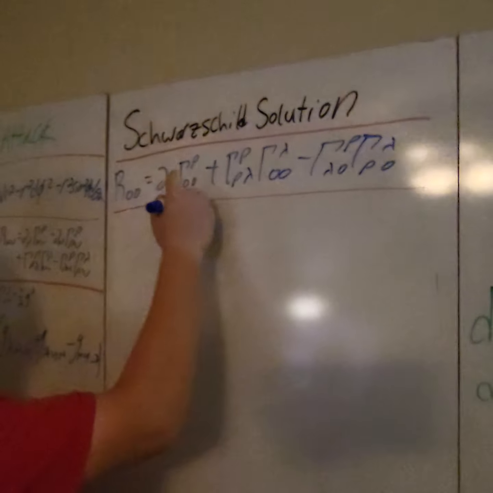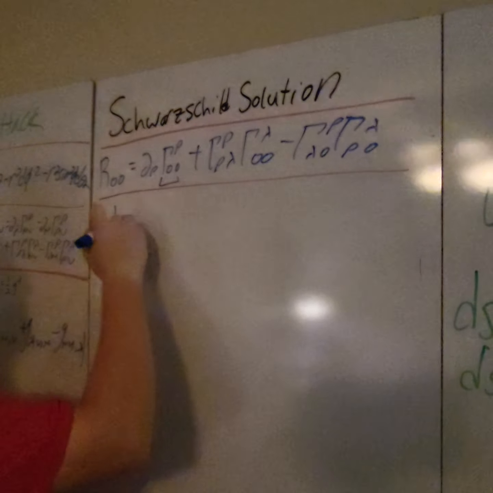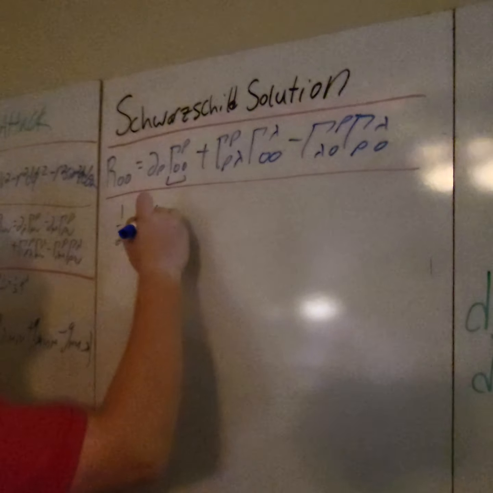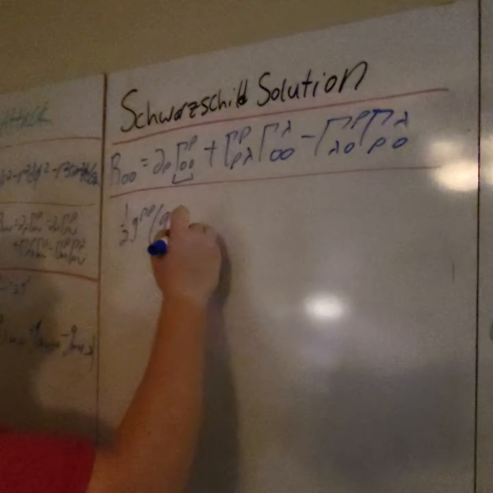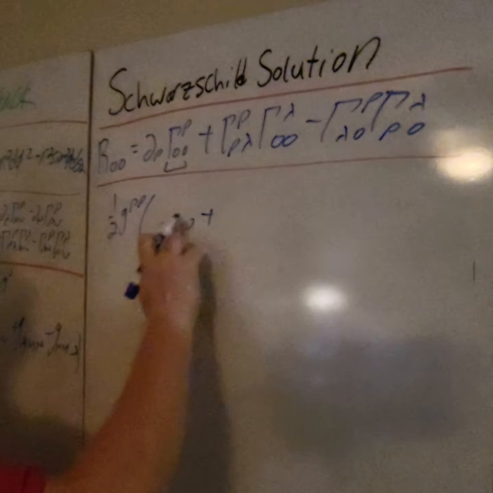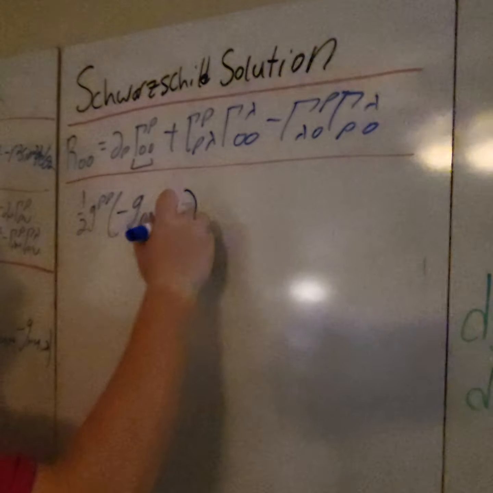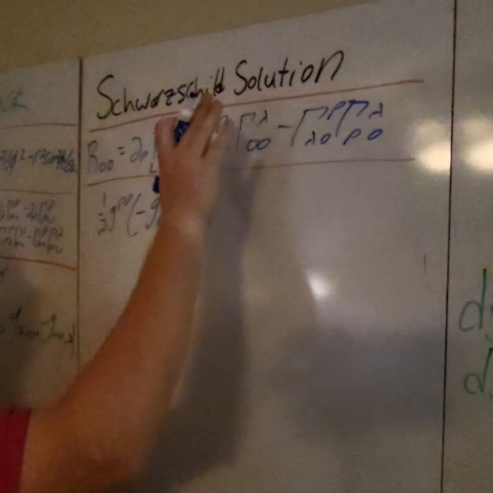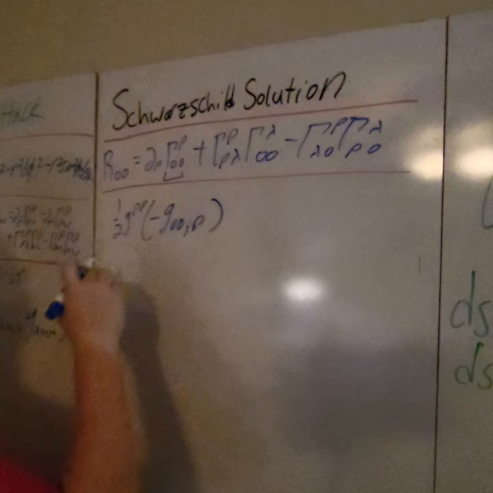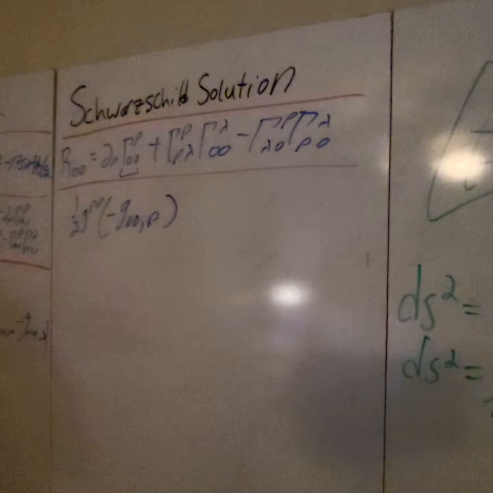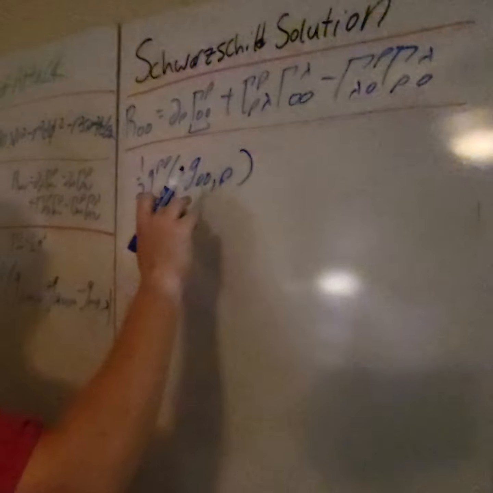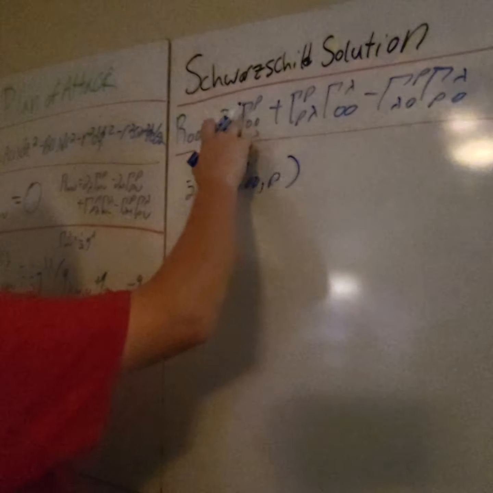Let's look at this term right here, this Christoffel symbol. 1/2 g^(ρρ) times (∂_0 g_ρ0 plus, well, there's no time dependence, and that one's the same) minus ∂_ρ g_00. I'm going to not rush, but just run through some of these. Our g sub 0, 0 is A of r, and it only depends on one coordinate, and that's r, so we only need to sum over ρ equals r.